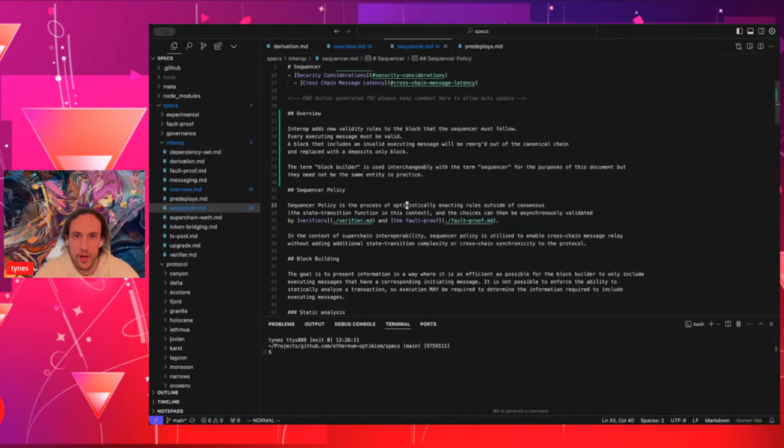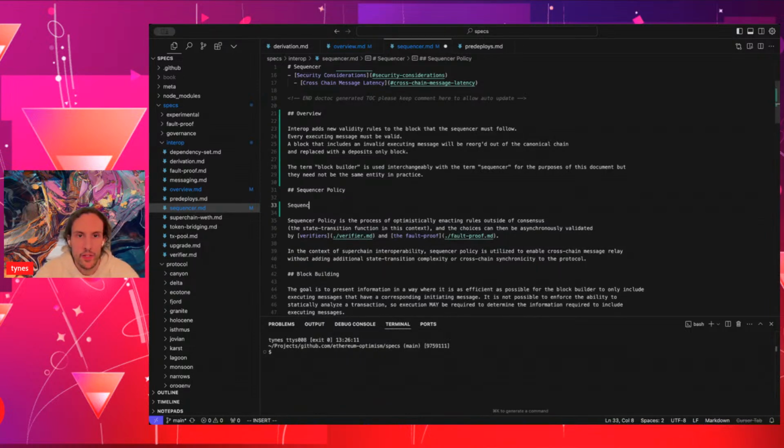Sequencer policy represents the set of ways that a sequencer may act that are not constrained by consensus, right?